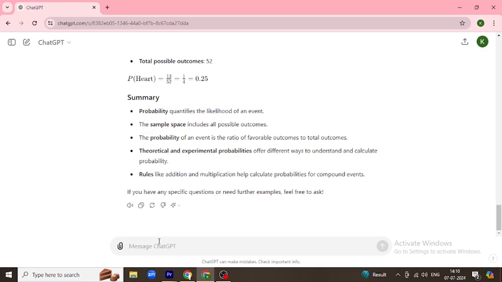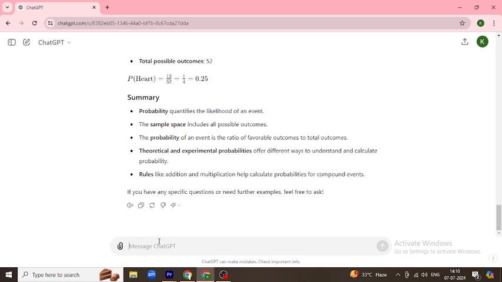Suppose your exam is tomorrow and you are studying a subject in which a few chapters are left, and you don't have time to study them because the time is short, and you just want to create notes or summarize the chapter so that you can read the key points and be able to answer the questions.